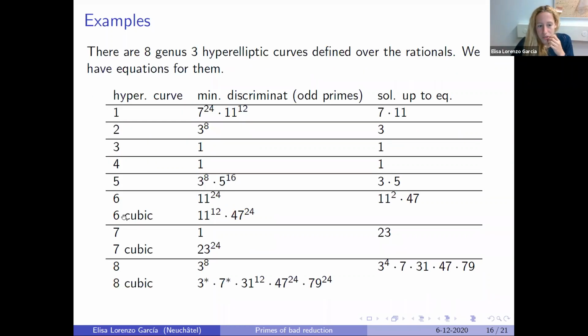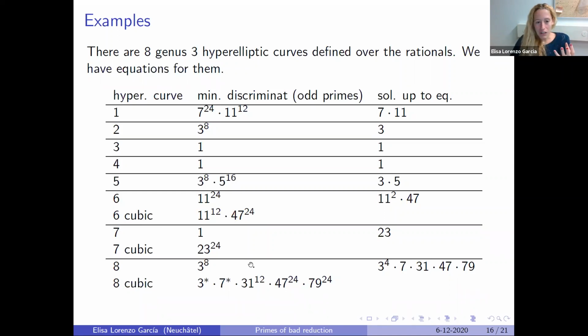When you look at those curves, which I call cubic because there are 3 of them over cubic extensions, and you compute the discriminants, then you find the extra primes that we were finding here. So this is really, really nice, and it was the support that the algorithm is good and well implemented.